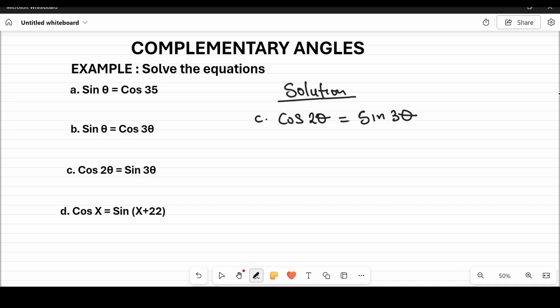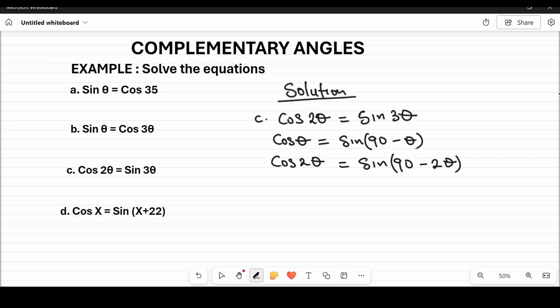Now, C is giving us cos 2 theta equal to sin 3 theta. Also, we have established earlier that cos theta is equal to sin of 90 minus theta. So therefore, cos 2 theta will be equal to sin of 90 minus 2 theta. Now we will replace our cos 2 theta with sin of 90 minus 2 theta. Our equation becomes sin of 90 minus 2 theta will be equal to sin 3 theta.